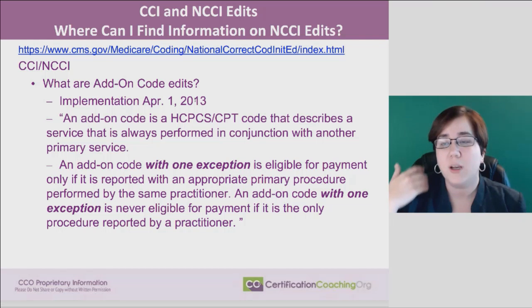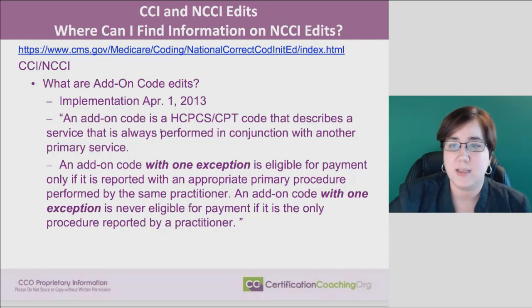But when we look at these add-on code edits, they say an add-on code is a HCPCS or CPT code that describes a service that is always performed in conjunction with another primary service. There are things that they call an add-on code with one exception. That means it is a code that is eligible for payment only if it is reported with an appropriate procedure performed by the same practitioner.